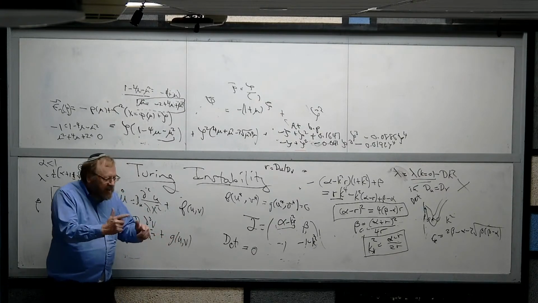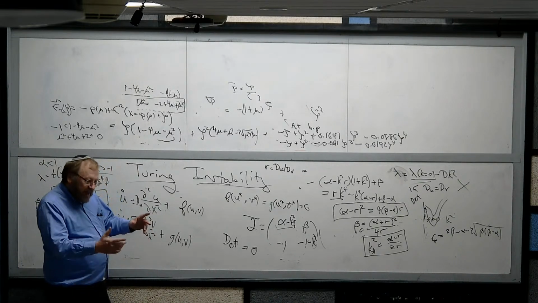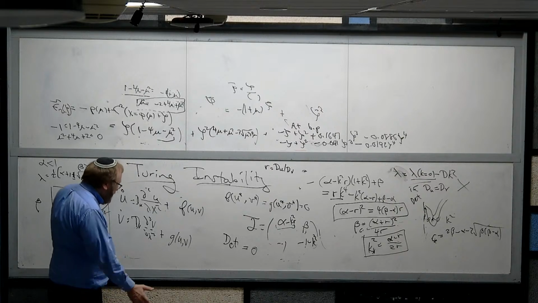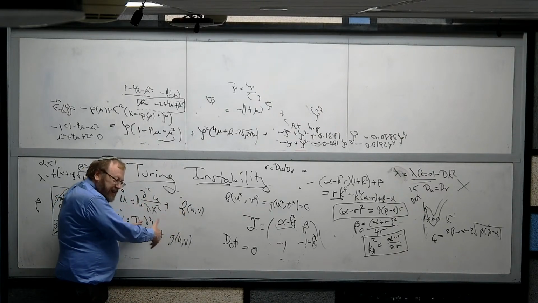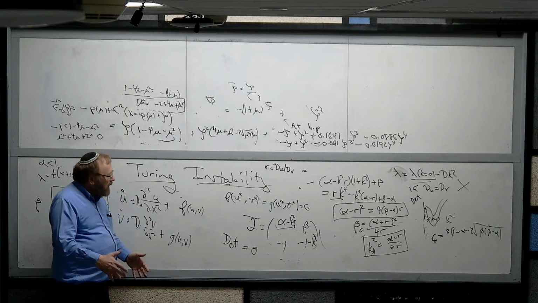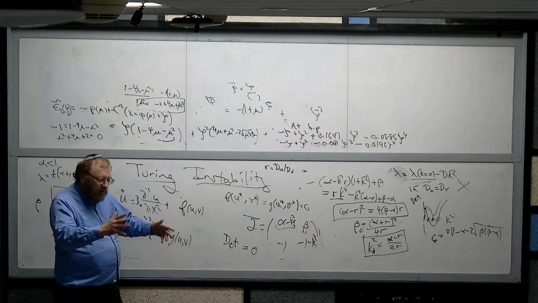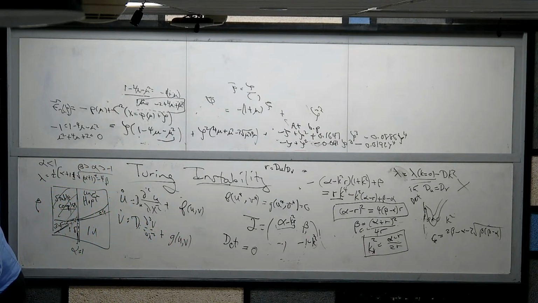So the next thing on the agenda is to talk about a specific model. Then you can take Crank-Nicolson with operator splitting, solve this problem, simulate it, and maybe next time I'll bring in the computer and show you some pretty pictures of how this thing develops.